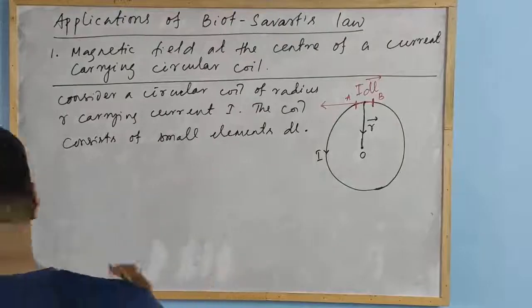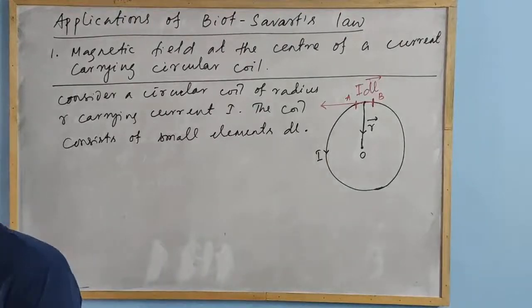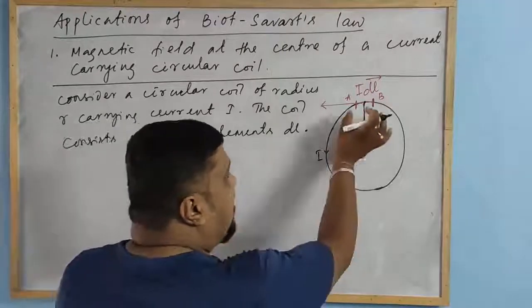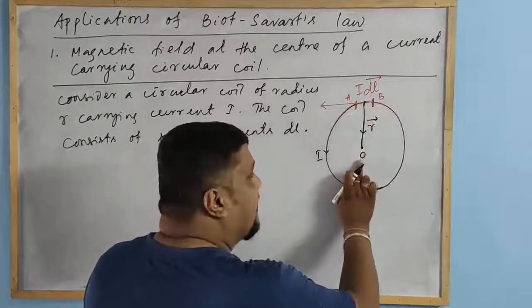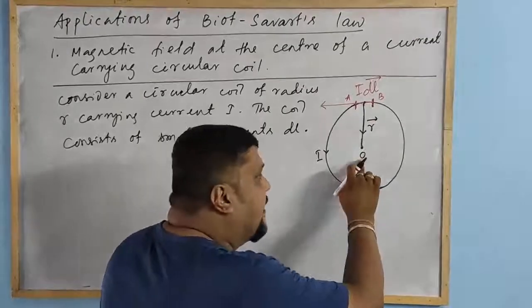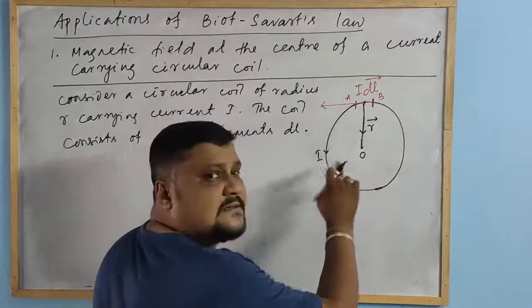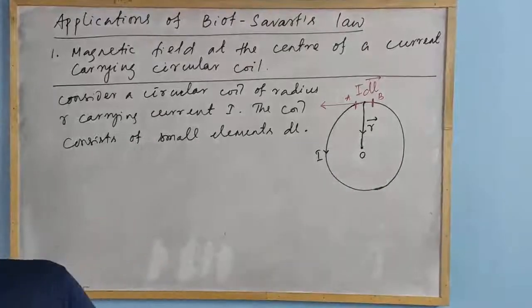Now to find the magnetic field at O, we use Biot-Savart's law. According to Biot-Savart's law, for the small element I dl, what is the magnetic field at point O, which is at a distance R from this?